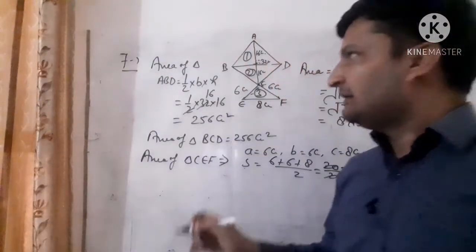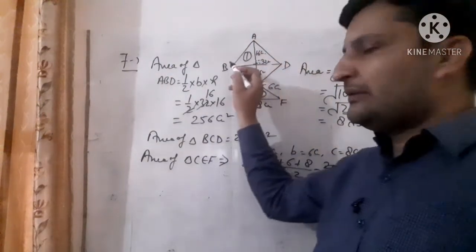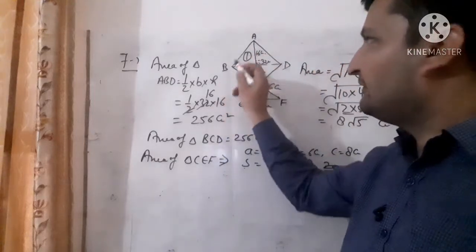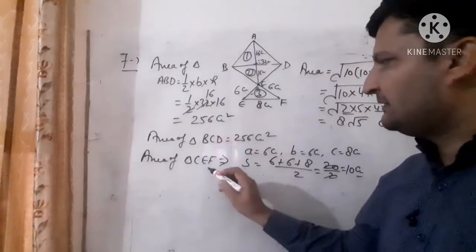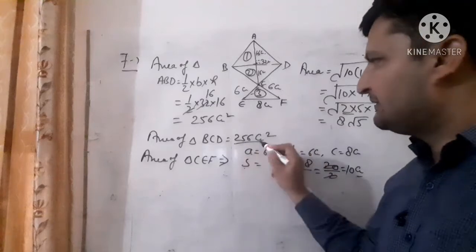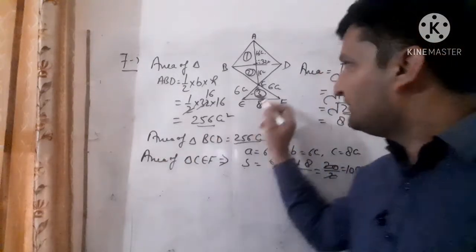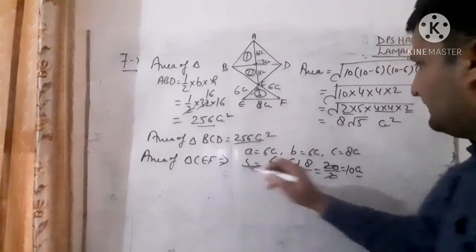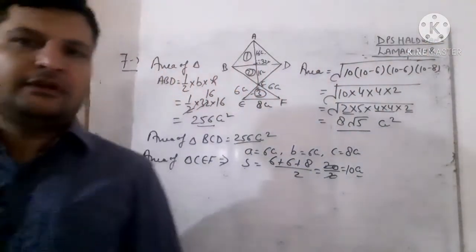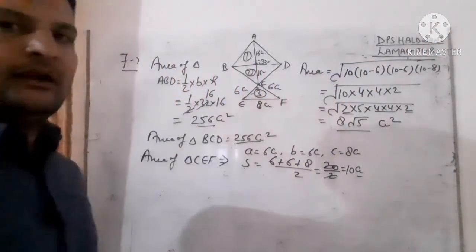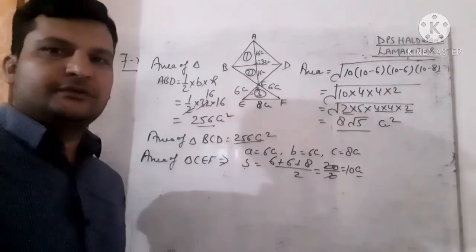So you can write the paper needed in the first shade is 256 centimeter square, in the second similarly also 256 centimeter square, and in the third shade, that is this isosceles triangle, it is 8 root 5 centimeter square. So students, you can pause the video and note it down, and then after that we will start a new question.